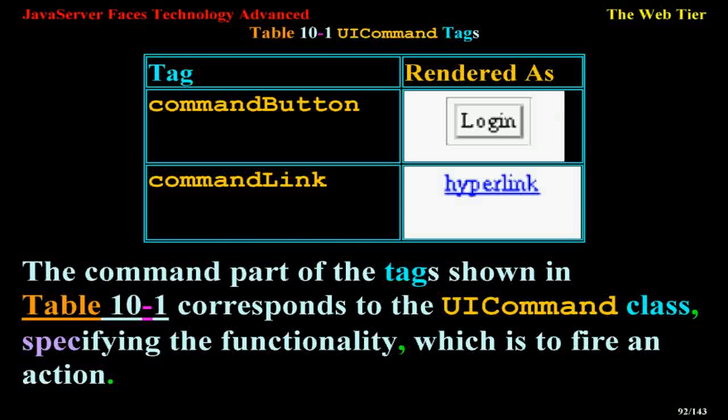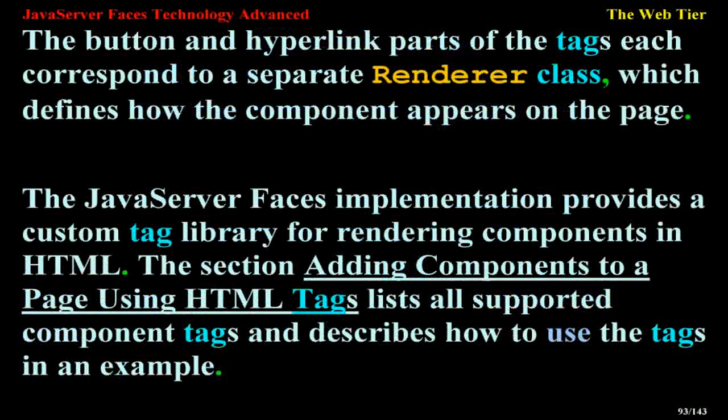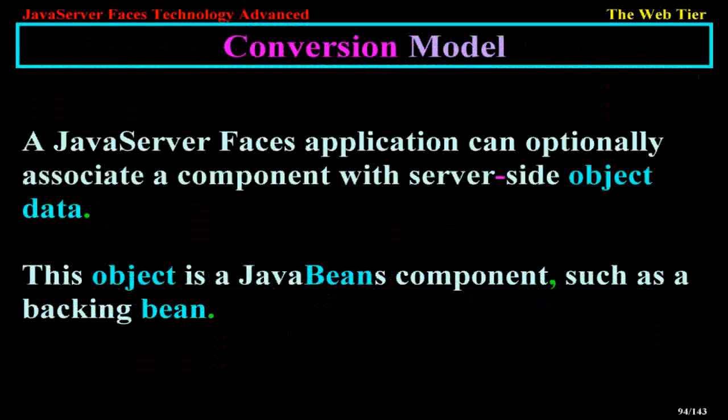The button and hyperlink parts of the tags each correspond to a separate renderer class, which defines how the component appears on the page. The JavaServer Faces implementation provides a custom tag library for rendering components in HTML. The section Adding Components to a Page Using HTML Tags lists all supported component tags and describes how to use the tags in an example Conversion Model.